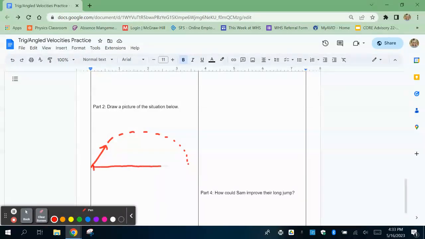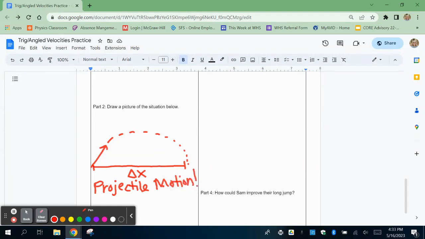This is going to be our delta x distance. This is the goal in long jump: you're trying to get the farthest delta x. This angled speed traveling this delta x emphasizes that this is projectile motion.